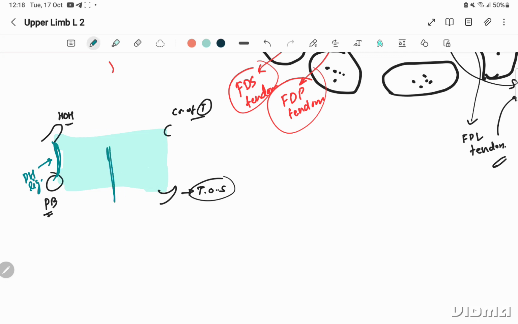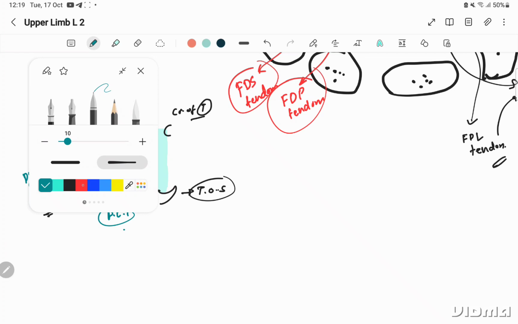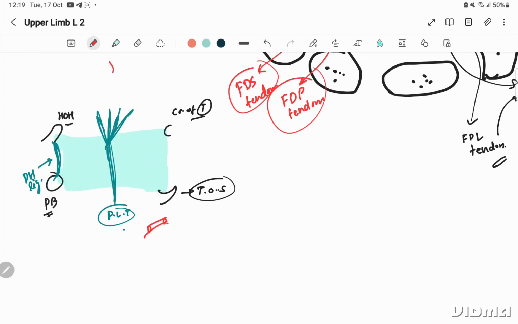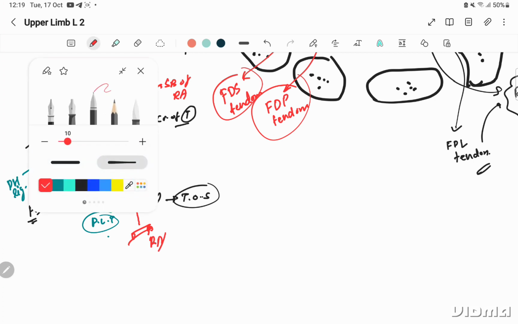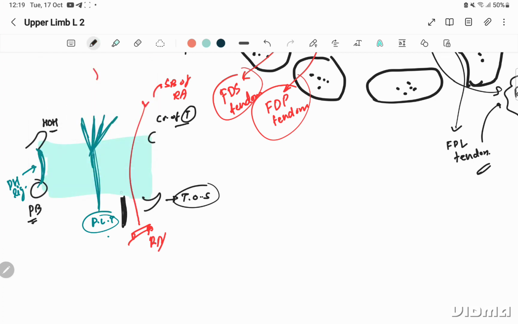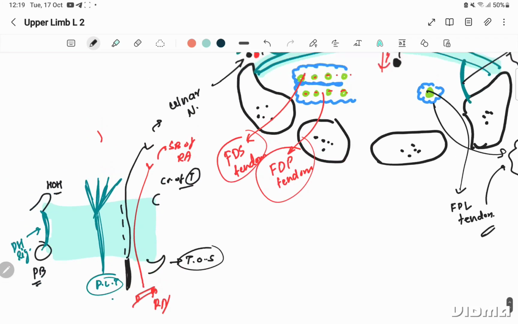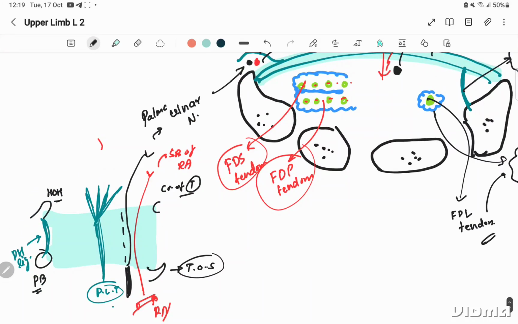Here we have the palmaris longus tendon. Here we have the artery which is known as the radial artery, which in the anatomical snuff box gives the branch that passes superficially, that is the superficial branch of the radial artery. We have a nerve called the median nerve. The median nerve passes deep, but a branch passes superficially, that is the palmar branch of the median nerve.